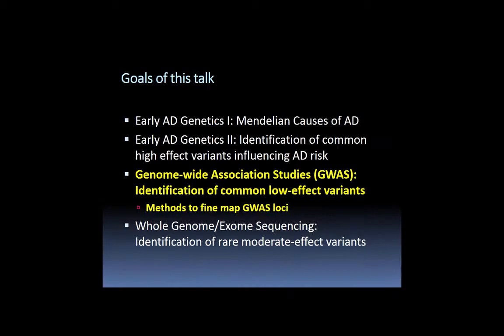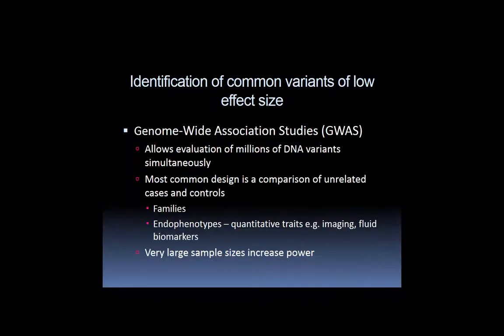Okay, so let's try, and I'm going to skip a lot of this, but I just want to introduce it since obviously you're going to run a GWAS. Genome-wide association studies. So now we're going really deep.